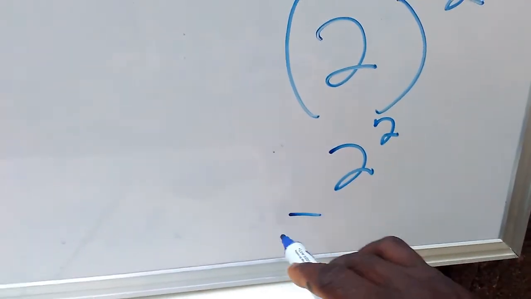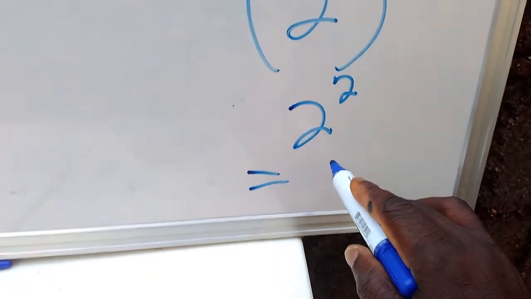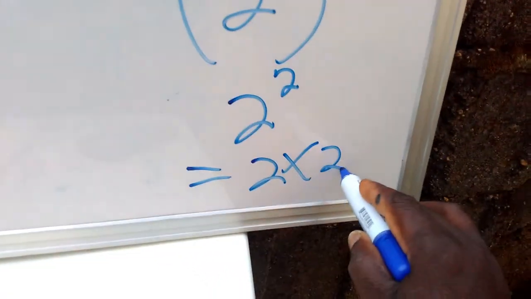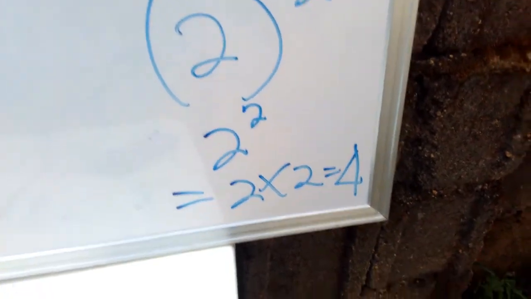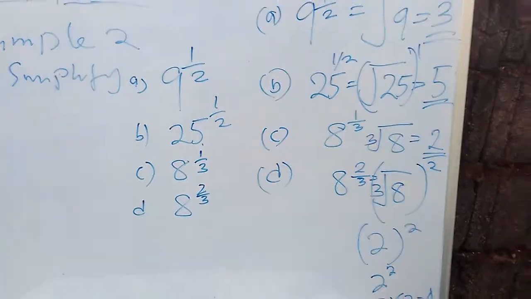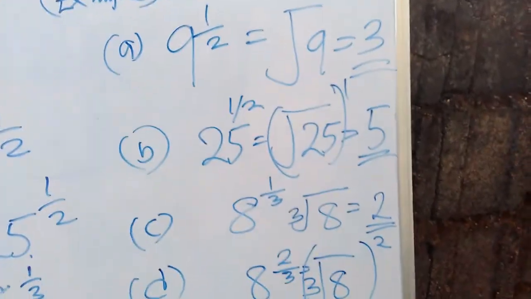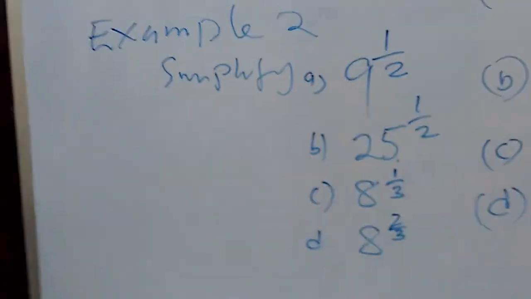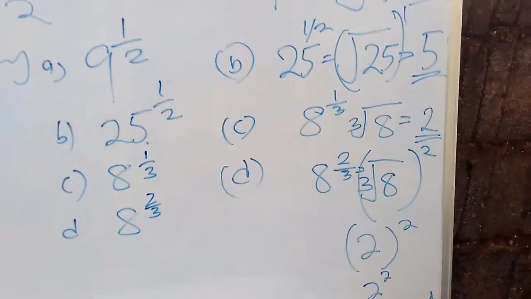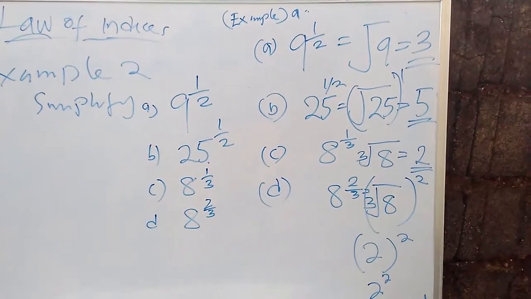Then 2 squared is 2 times 2, which is equal to 4.